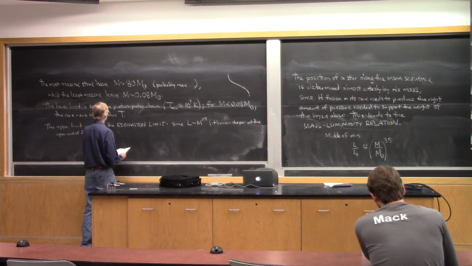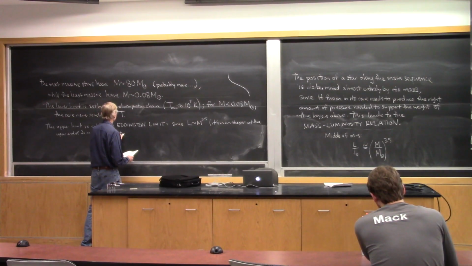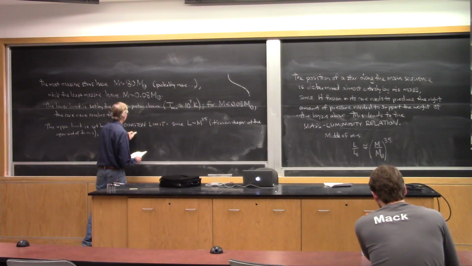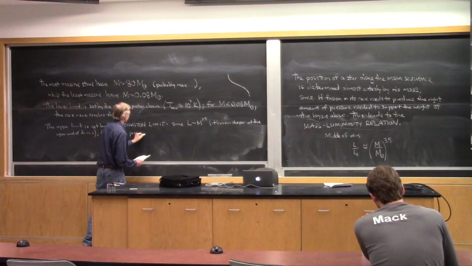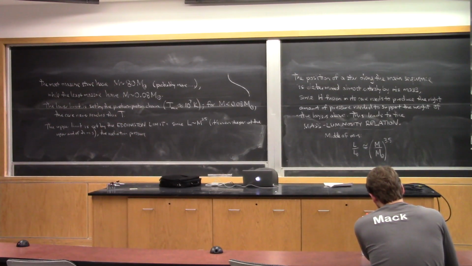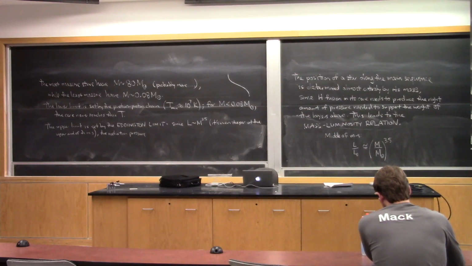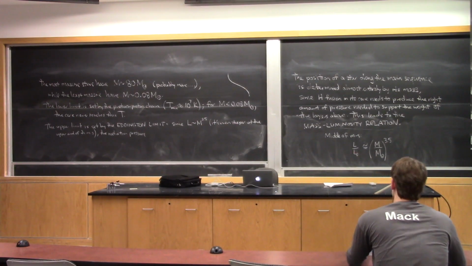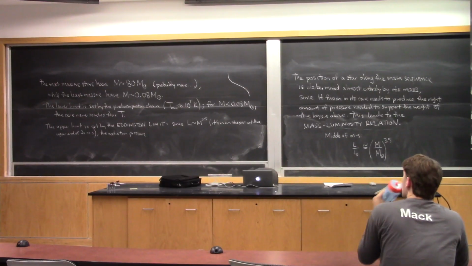The radiation pressure, and again, we'll talk more about radiation pressure later, but the idea is, remember that photons don't just carry energy, they carry momentum as well. The energy of a photon is its momentum times the speed of light in unnatural SI units. And so if you have photons flowing through a star, they contribute pressure in addition to the ordinary kind of gas pressure.